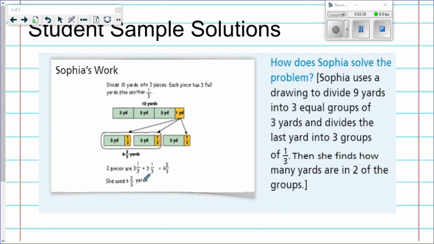And then down below, the 2 pieces are 3 1/3 and 3 1/3. So she added those together. So when you divide 10 yards by 3, you're going to get 3 groups of 3 1/3. And then she added 2 of those groups. Those are the groups that she circled together. And she got the same answer that we did.